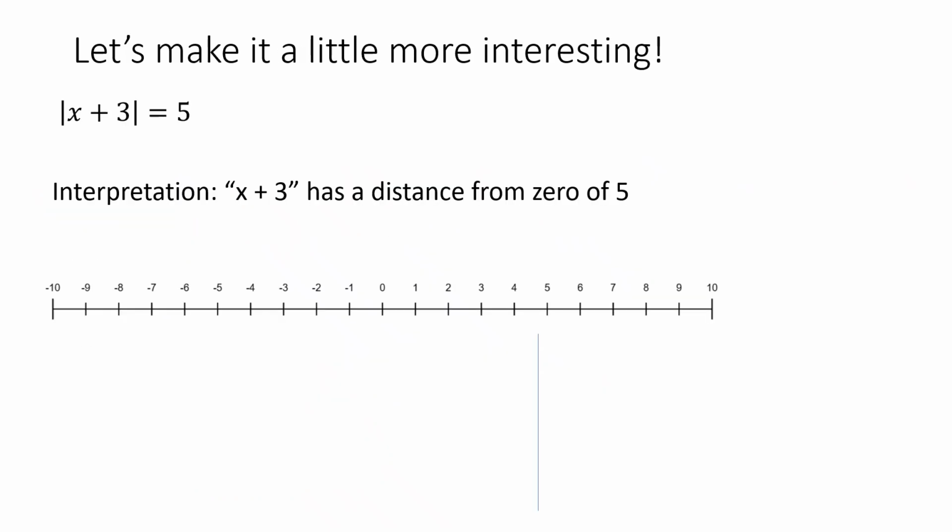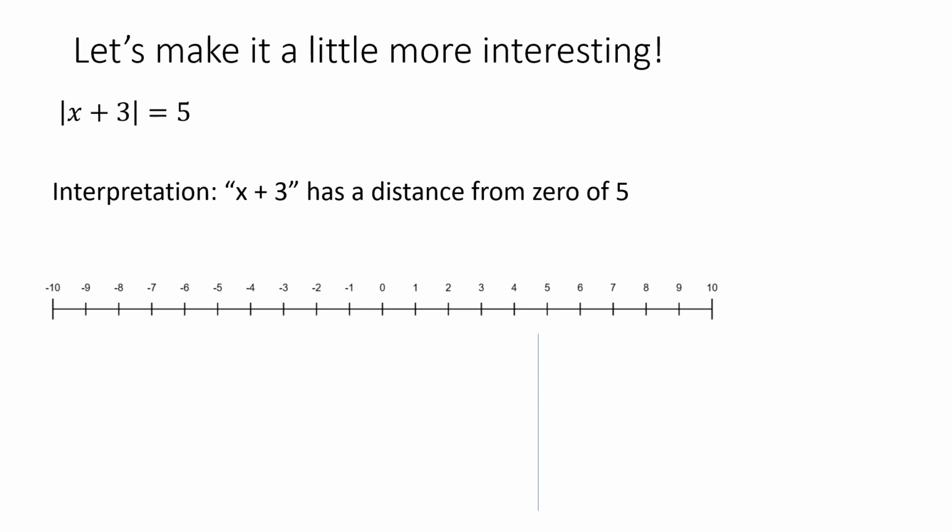All right, so we're going to make it a little bit more interesting because that was fun, but we can do better. So this one is a more complicated equation. We have the absolute value of X plus 3 is equal to 5. And we want to interpret that in our head using the definition. Okay, we are not memorizing a process, that is not going to serve you well in the long run because you're going to forget the process. So we want to interpret it.